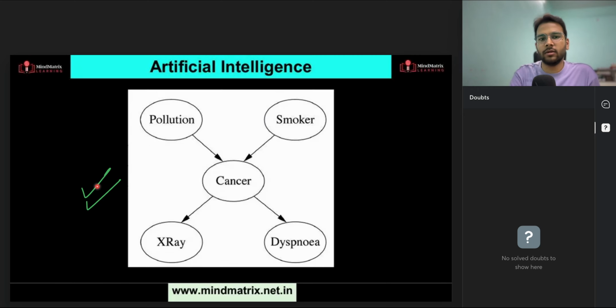Just try to write the joint probability distribution. Then we are going to solve the question. So here we have 5 nodes, that means 5 random variables.